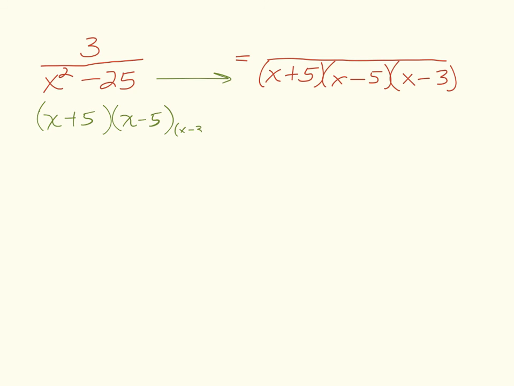So that's what's missing. That's what we have to multiply by here, x minus 3 in the numerator, to give us 3x minus 9 as our new numerator. Now you have to go and practice these because we're going to use these concepts in the next section where we're adding fractions with different denominators.